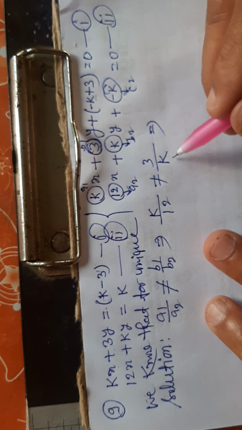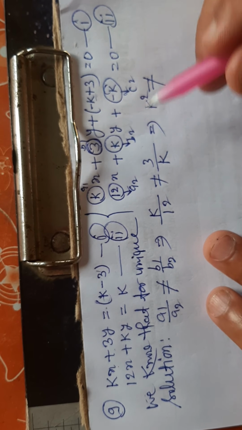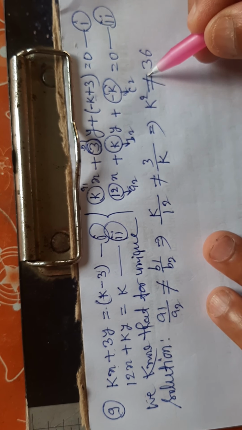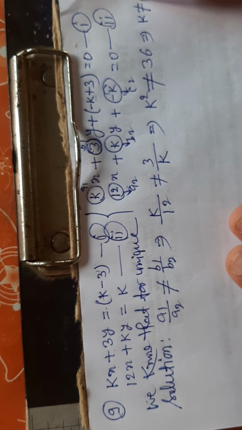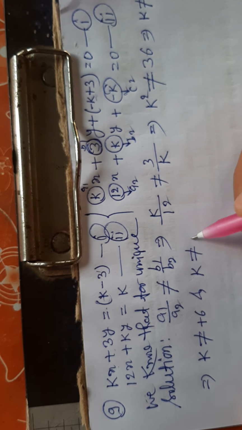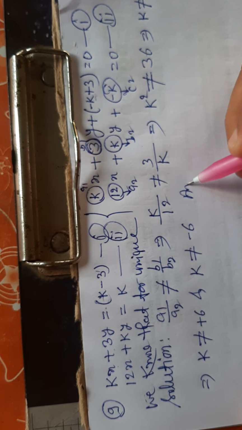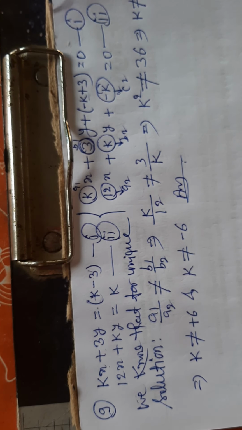Cross multiplication, k into k, k square is not equal to 12 times 3, 36, implies k is not equal to square root of 36, implies k is not equal to plus 6 and k is not equal to minus 6. Answer. It's enough in this video. Next question I will solve in next video.